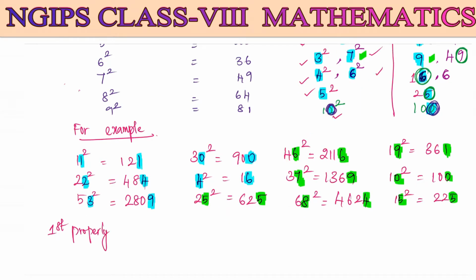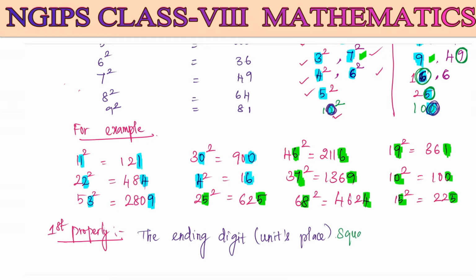For any number, I am going to write the first property here. First property: the ending digits, that is the unit place of any square of a number.